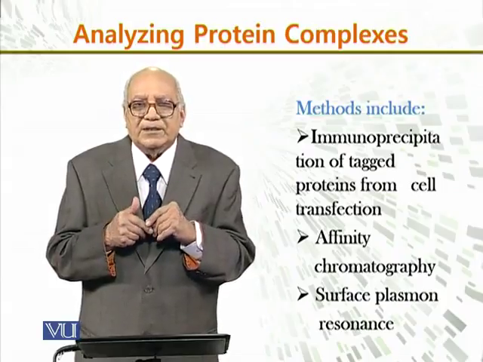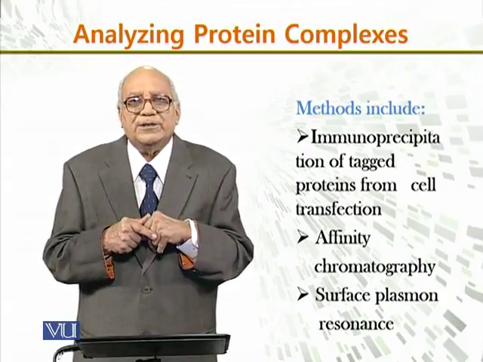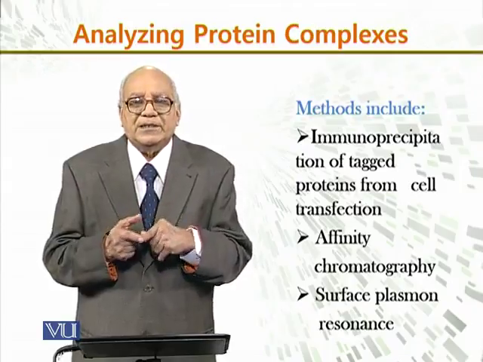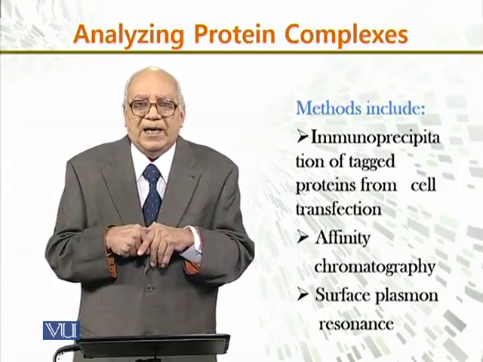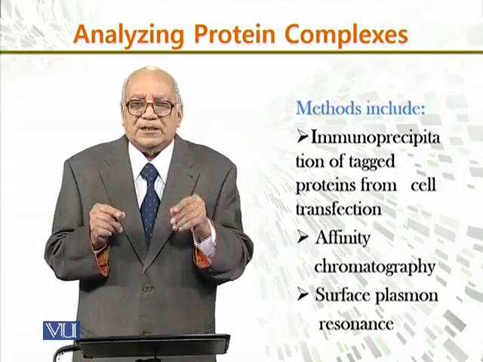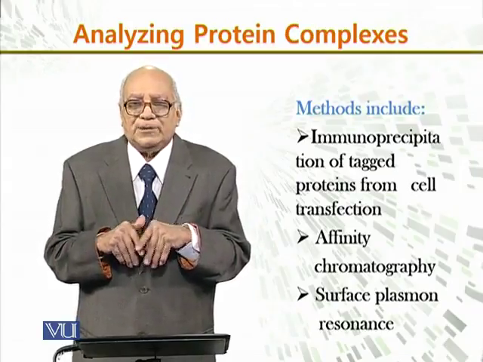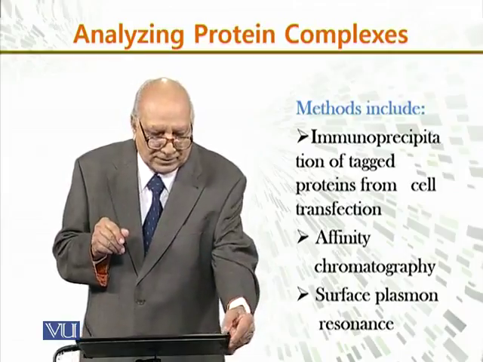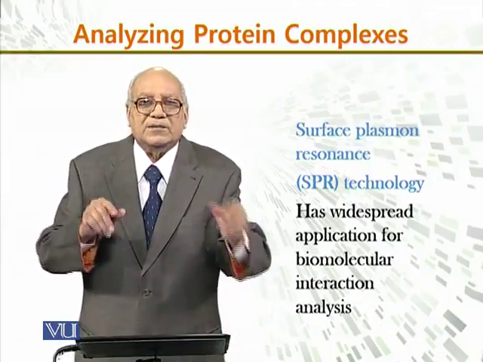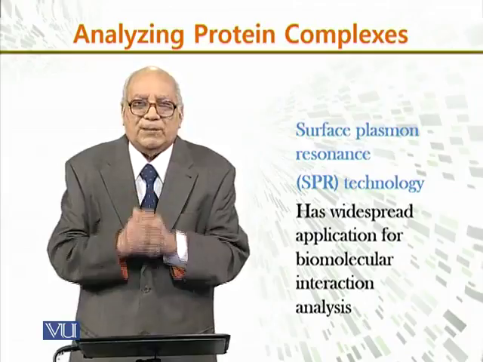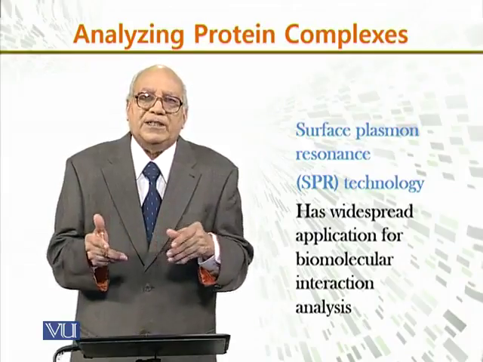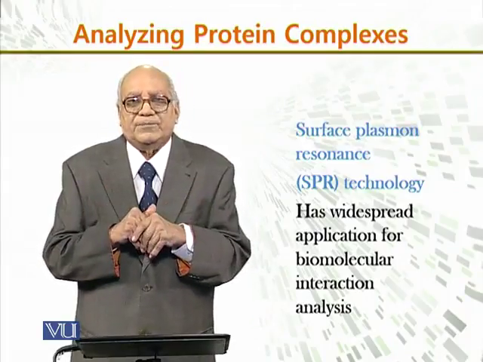Another method is affinity chromatography, where we can separate the different proteins. And then there is surface plasmon resonance, that is SPR. Now, all these methods are very important to separate or to identify the interacting protein.